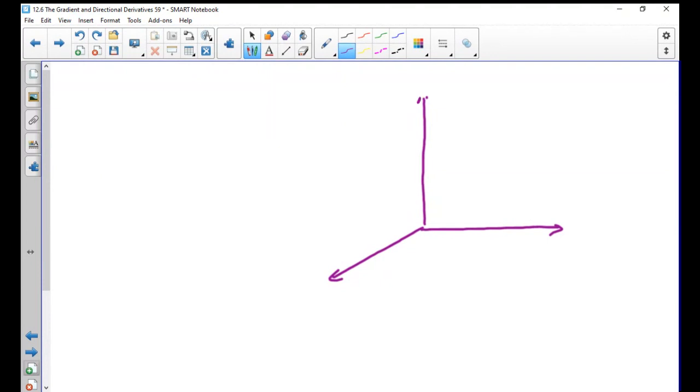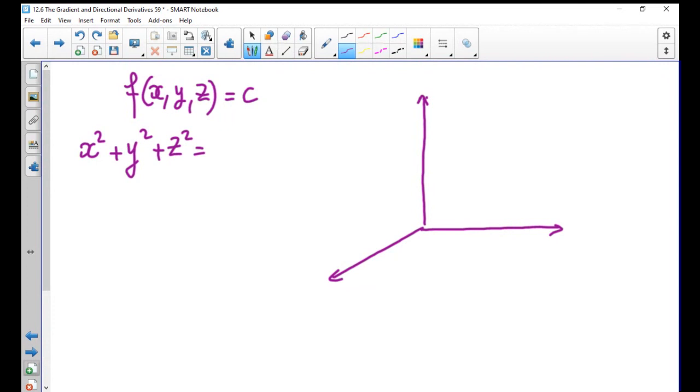Okay, so you have a function f of x, y, z equal to a certain constant. Let's say we have x squared plus y squared plus z squared is equal to 9. Let's take a look at this example.